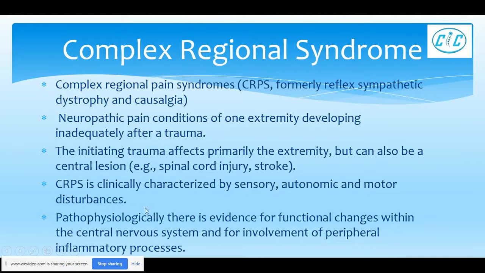Whether it is caused centrally or peripherally, the effect will travel to the central nervous system in many different ways and change the functionality of the nervous system centrally, causing a more complex scenario for the patient.